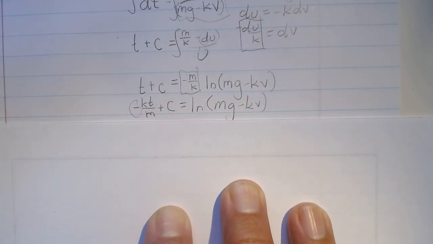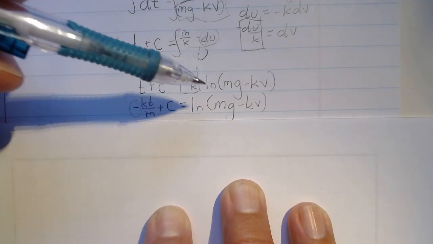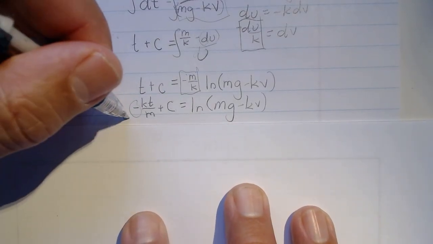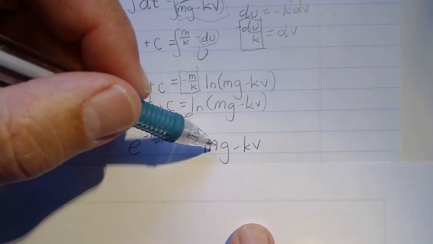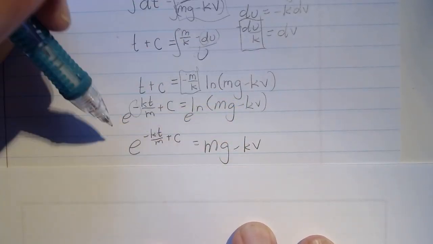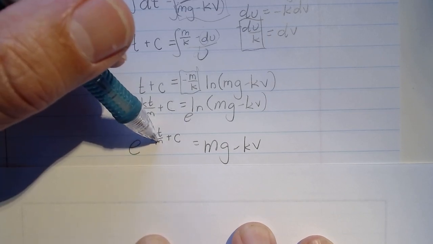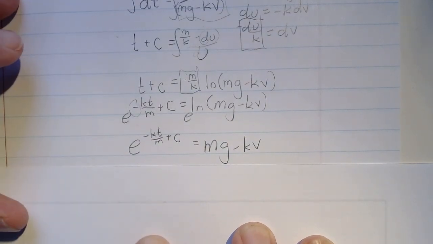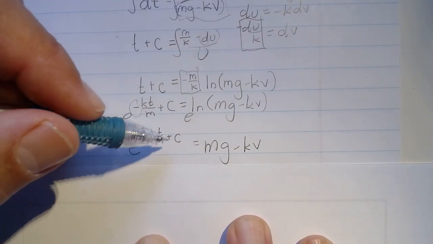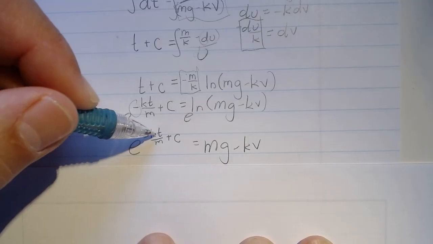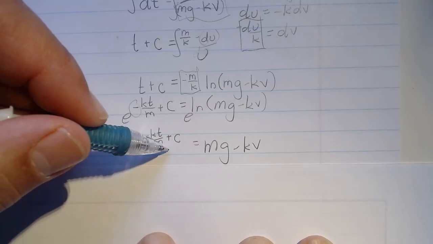Now to get rid of the natural log, we're going to do e to the both sides, and this ends up just being mg minus kv on this side, and e to the negative kt over m plus c. Well, I'm not going to do this in 2 steps. This is the same as e to the negative kt over m times e to the c.